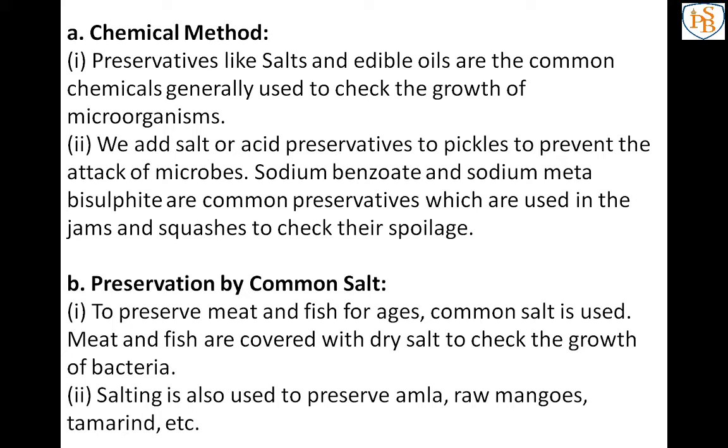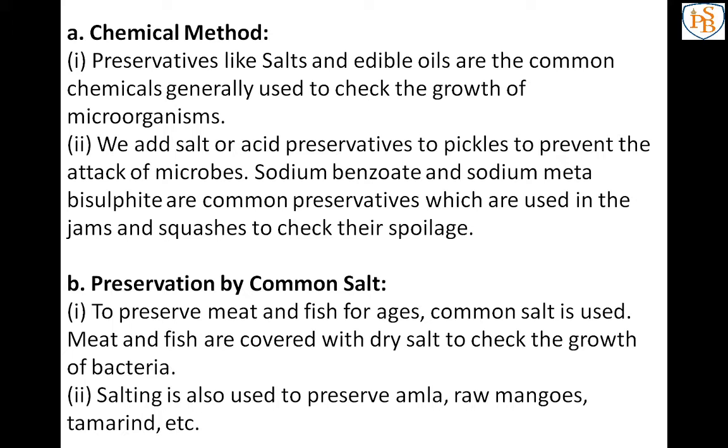Now, you have seen that when your mother is making pickle, oil is used to cover that pickle. Do you know what is the use of that oil? Or when your mother or grandmother is storing tamarind, she covers it with salt and then keeps it. Why?